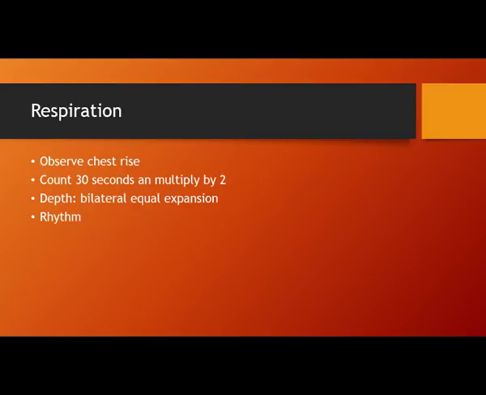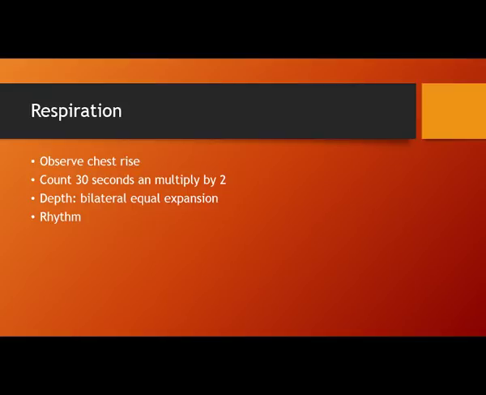Then as far as respirations, normally we observe chest rise. Sometimes, particularly in an unconscious patient, you could just put your hand over their chest and feel chest rise, or you could even put a stethoscope over, say, the trachea or somewhere else and listen for how many breath sounds.